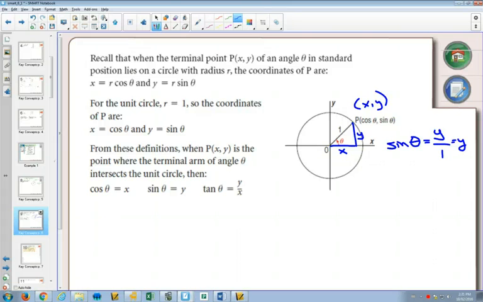And cos of theta is the same as adjacent over hypotenuse, which is just the same as the x-coordinate. So instead of labeling points on the unit circle with x comma y, we can instead label them with cos theta comma sine theta.